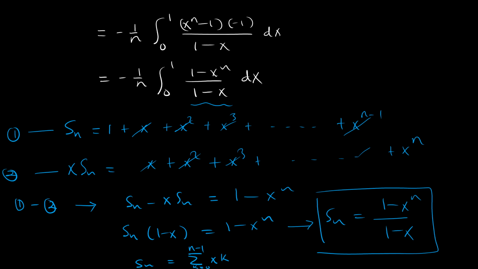And so let's proceed and say that since our integral In is equal to negative 1 over n times the integral from 0 to 1 of (1 minus x^n) over 1 minus x.